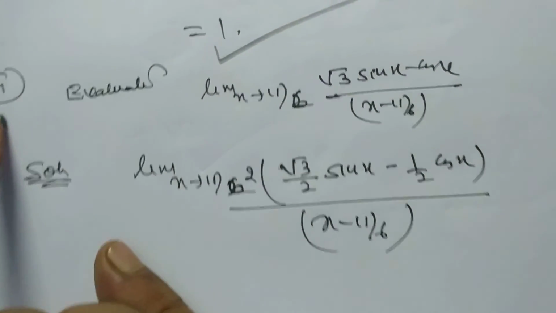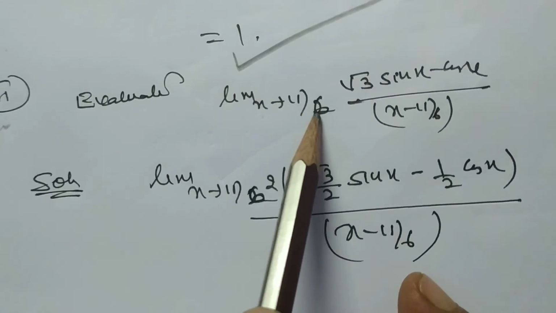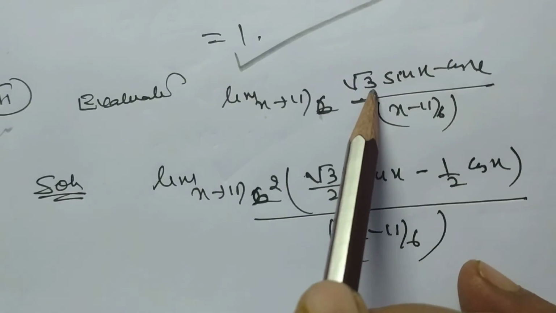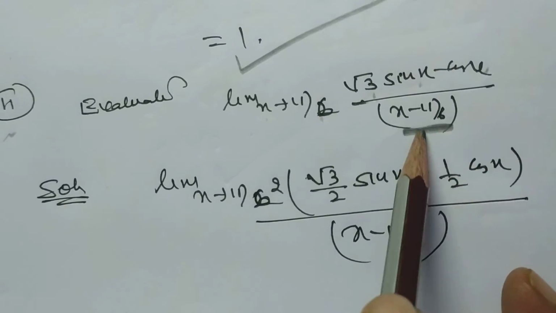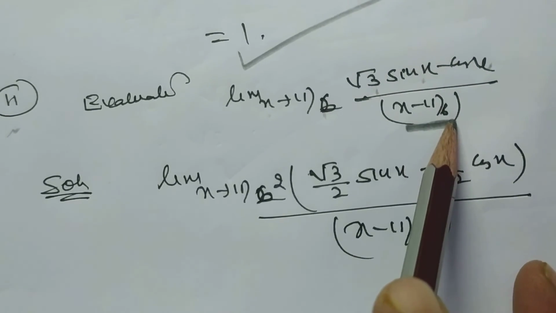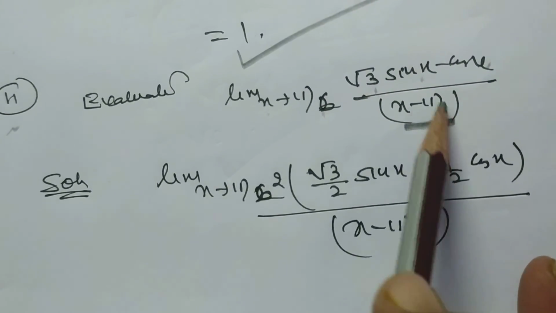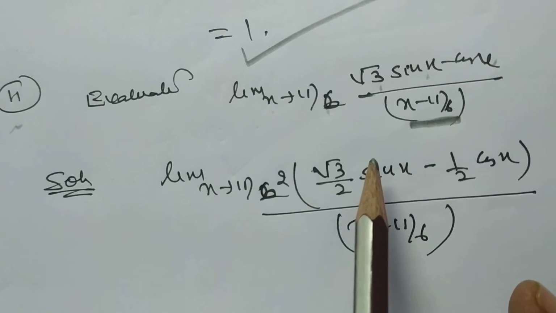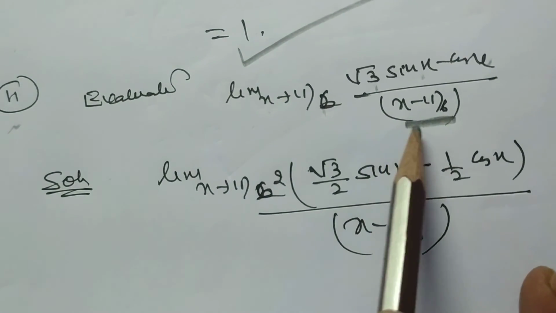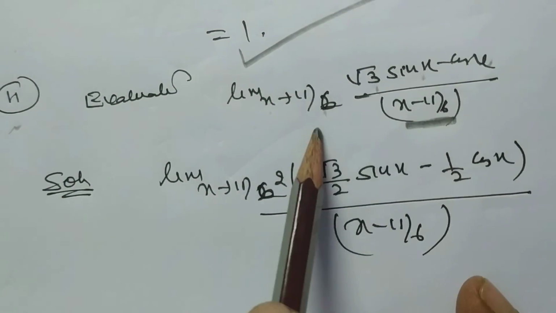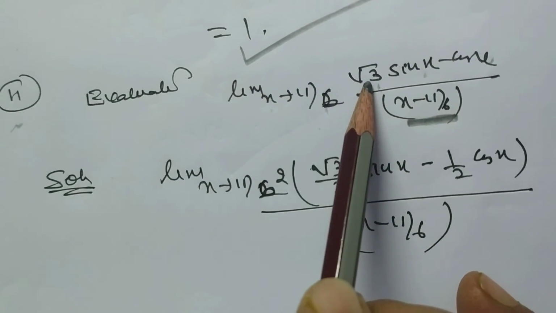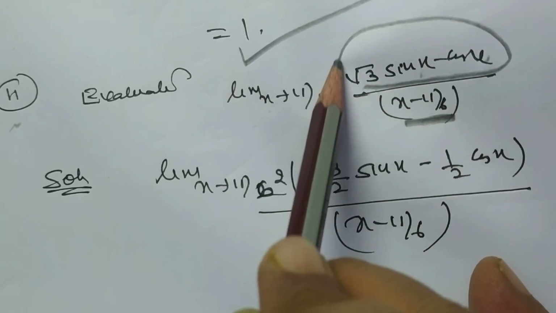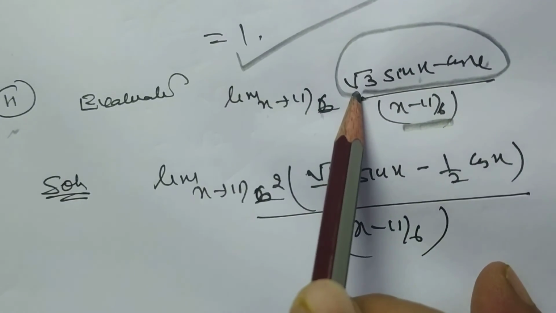Next, evaluate limit x tends to pi by 6, root 3 sin x minus cos x over x minus pi by 6. This problem can be solved by considering the value of x minus pi by 6 as y, and here you change it into a compound formula.